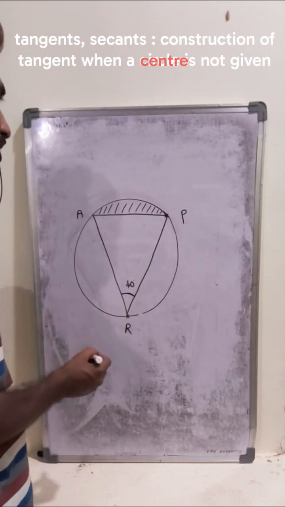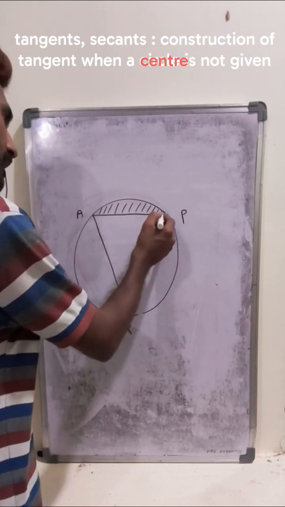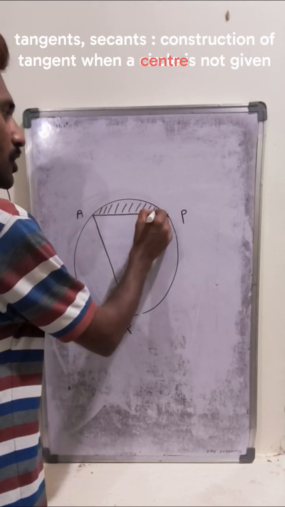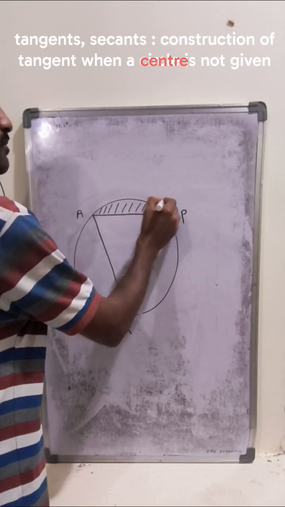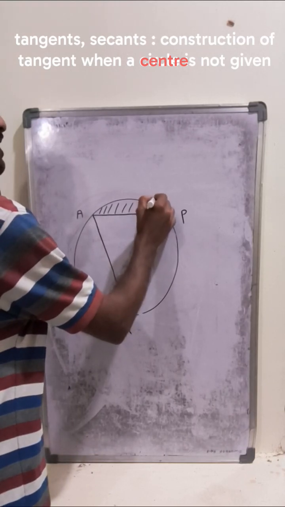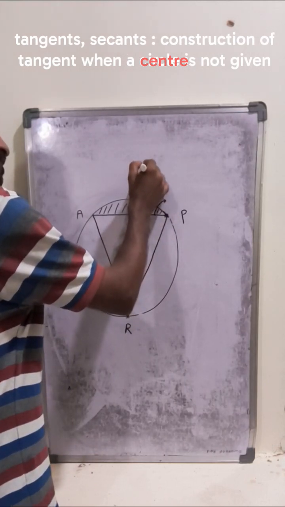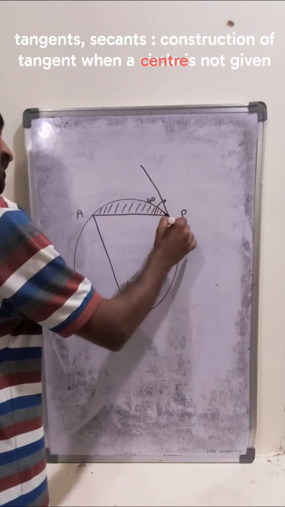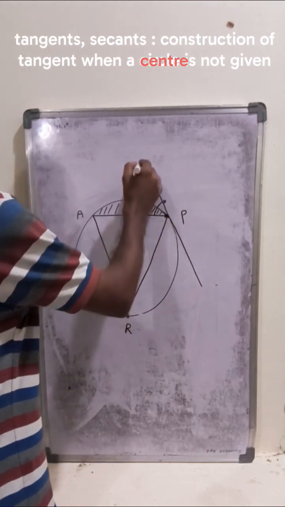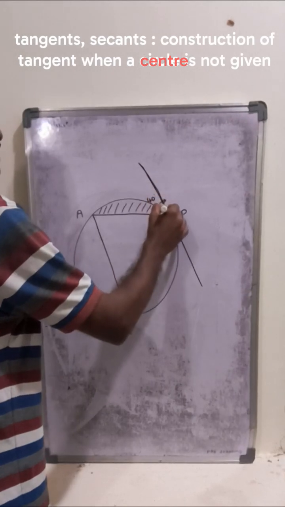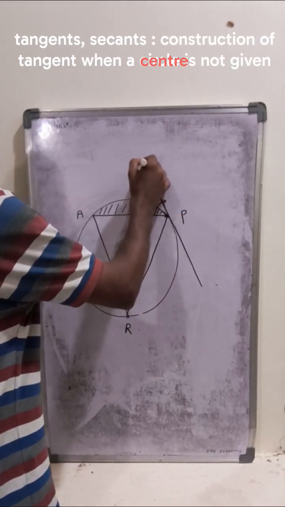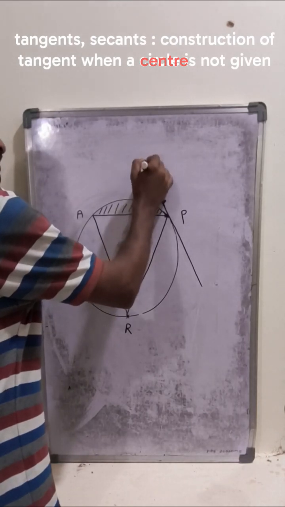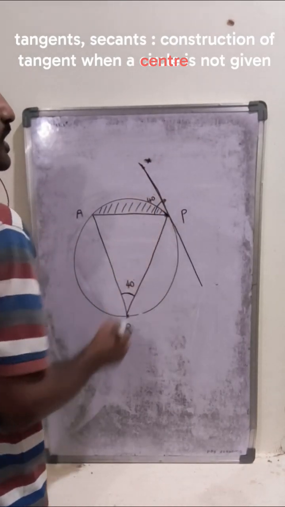Now what we need to do is come back to AP. At AP you draw a 40 degrees ray. Let us assume that 40 degrees ray will touch here. If you join X and P, you are going to get a tangent.